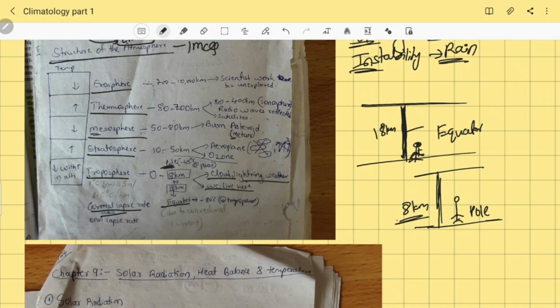So as you go above, there is 1 degree Celsius decrease for every 165 meter. Say on the ground it is 30 degrees Celsius. Then you go 165 meter above, then there will be 29 degrees Celsius. So this decrease is known as environmental lapse rate or normal lapse rate.